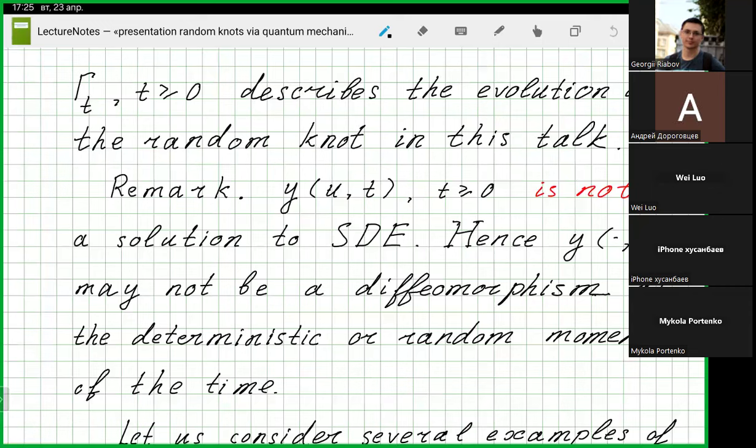Because to be a flow of diffeomorphisms for our random maps Y means that our random knot cannot change its topological shape. We have no phenomenon of self-crossing if we have the flow of diffeomorphisms. So this is the reason why I am considering this Y.